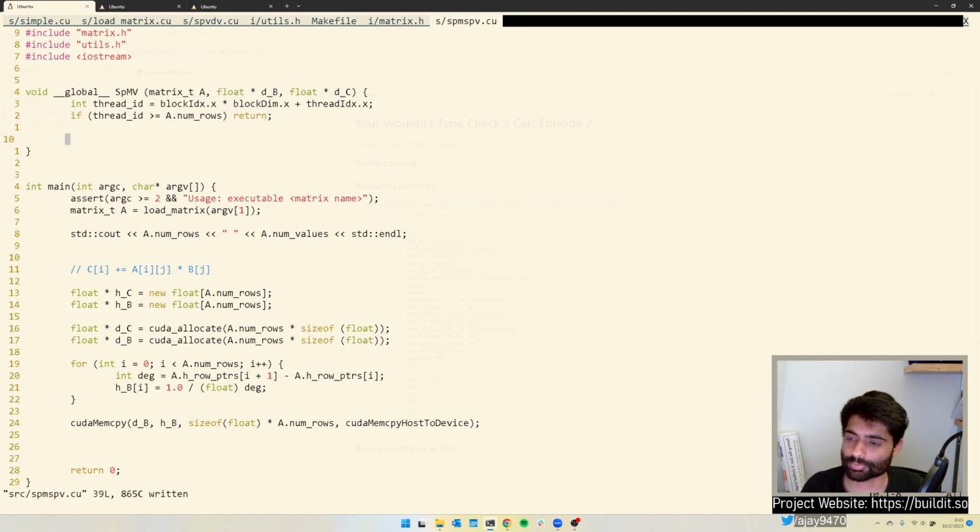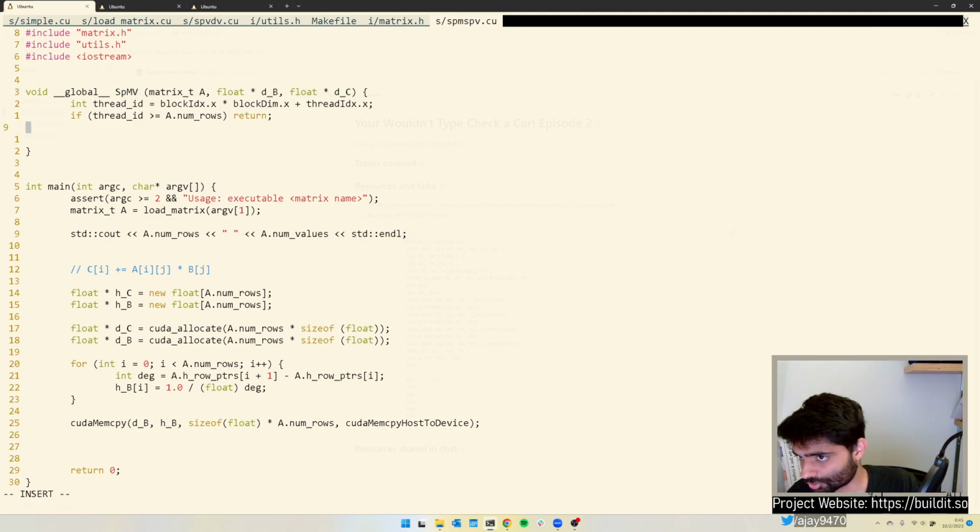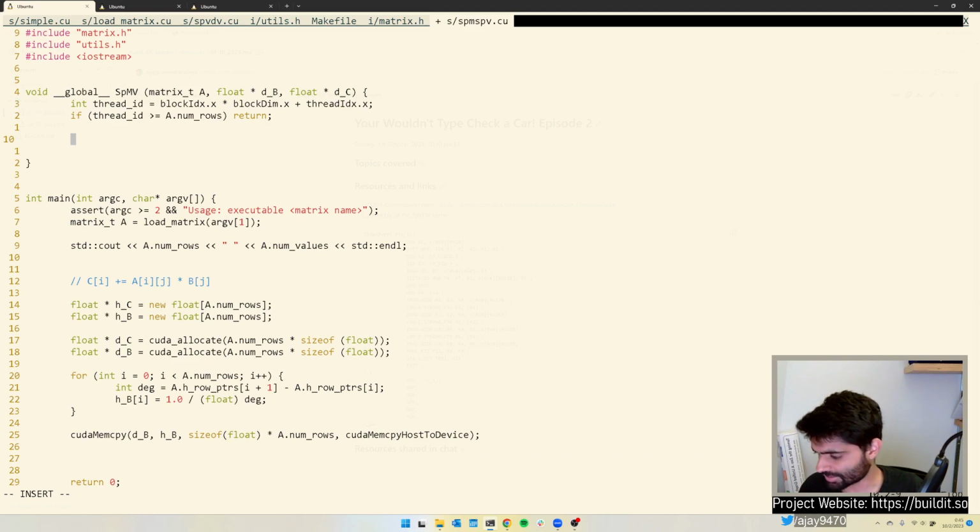Now, for each row, we need to iterate over the non-zeros and sum up the values. But before we sum up the values, this is the output row, by the way. This is the row we are writing to. So for this row, first initialize the value to be 0. So I'm going to say d underscore c of thread underscore id equals 0.